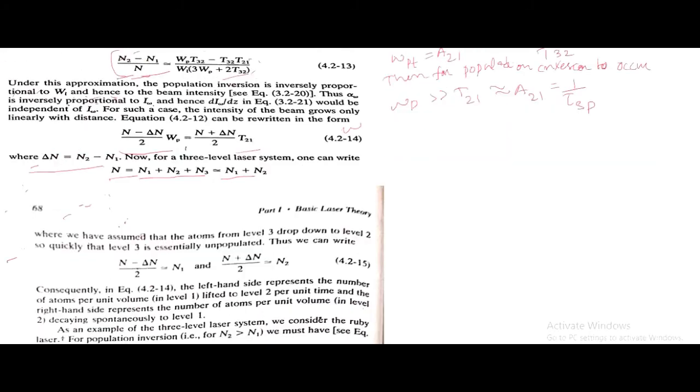Thus for a 3-level laser system, we can write capital N equals n1 plus n2 plus n3, which is nearly equal to n1 plus n2. Here we have assumed that the atoms from level 3 drop down to level 2 so quickly that level 3 is essentially unpopulated. Then we can write n minus delta n by 2 nearly equal to n1 and n plus delta n by 2 nearly equal to n2.